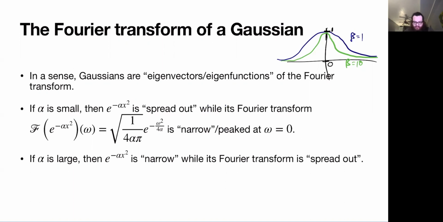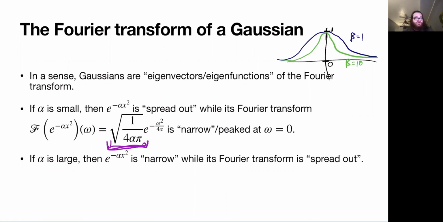In this case we also have this term, which when omega is equal to 0 is going to make the value not equal to 1, and likely larger than 1. But the point is that when we take the Fourier transform of a Gaussian, if the Gaussian is spread out, then the Fourier transform is going to be localized near 0. And you can do the same analysis in reverse. If the Gaussian is localized and peaks near 0, you take the Fourier transform, then the resulting Gaussian is going to be spread out.